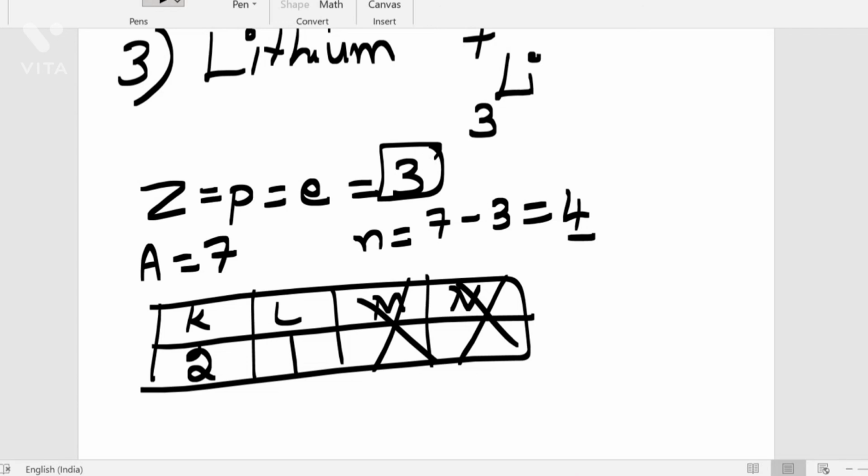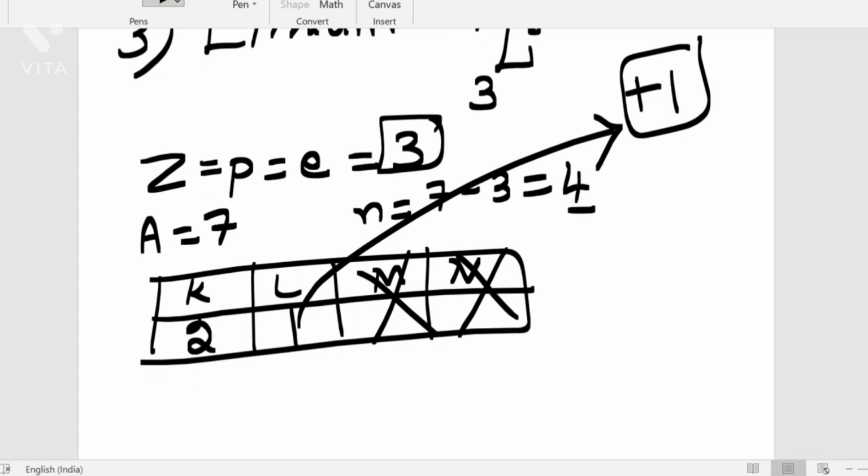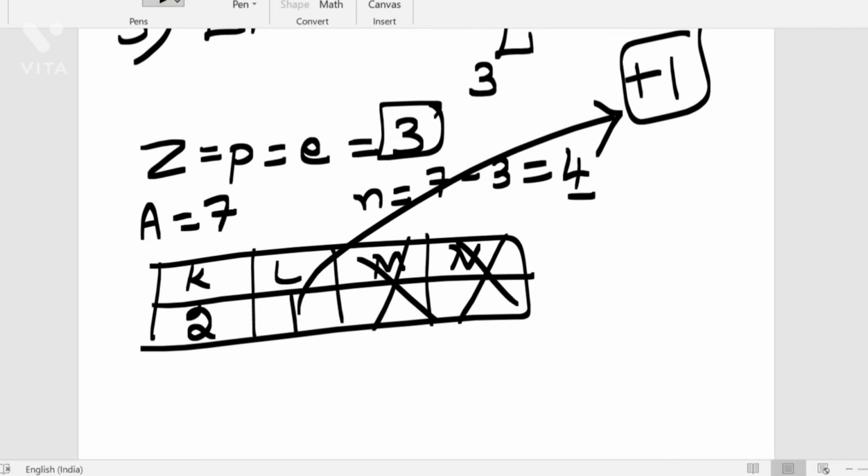The valency of lithium, this 1, it will be donating. So it is getting +1. It is a metal. Here noble gas means it is not donating or accepting any electron, so the valency is 0. But lithium is donating 1 like hydrogen. So it is getting +1 charge. It is considered as a metal.